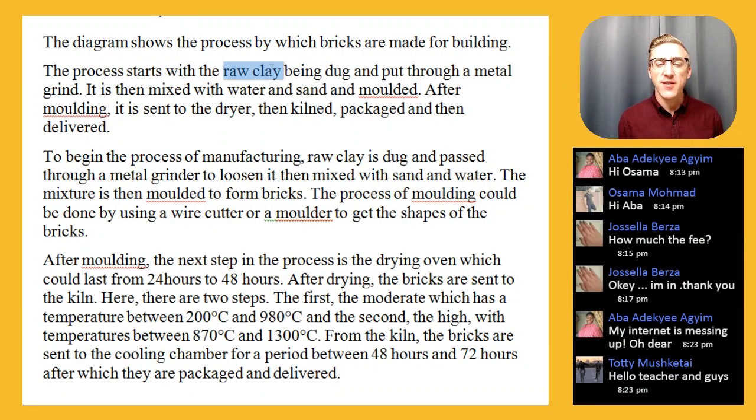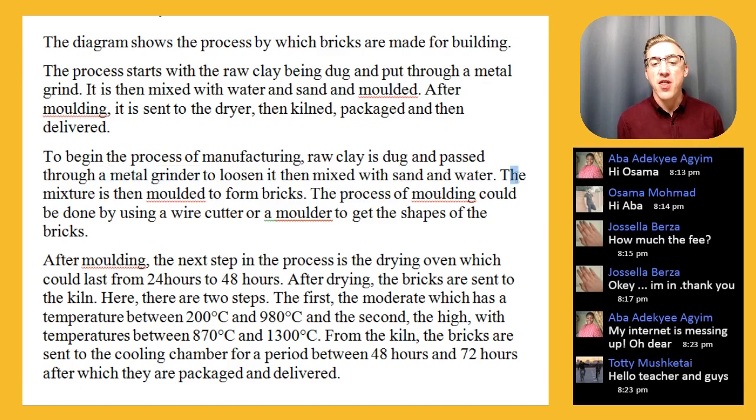Okay? Task one, we kind of introduce a noun here like clay and grind, although this should be grid. But yeah, raw clay and a metal grid, water, sand, right? Even here, we're still in introduction mode, kind of raw clay, a metal grid, and mixed with sand and water.